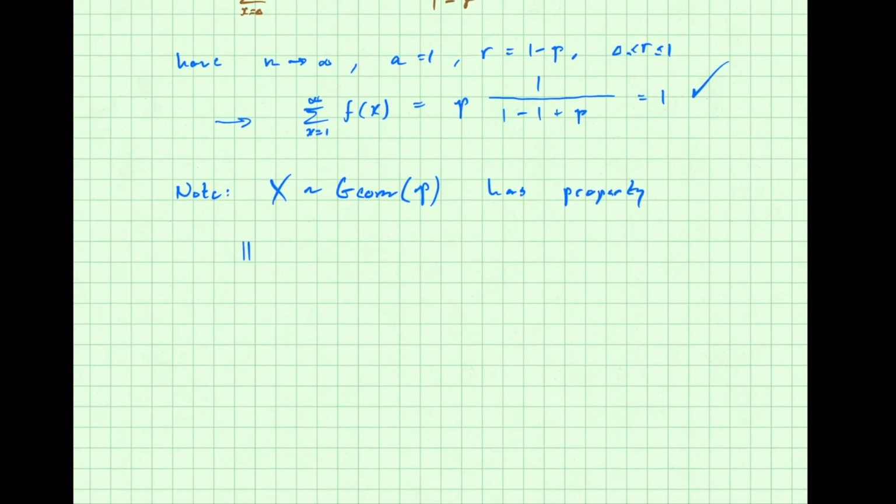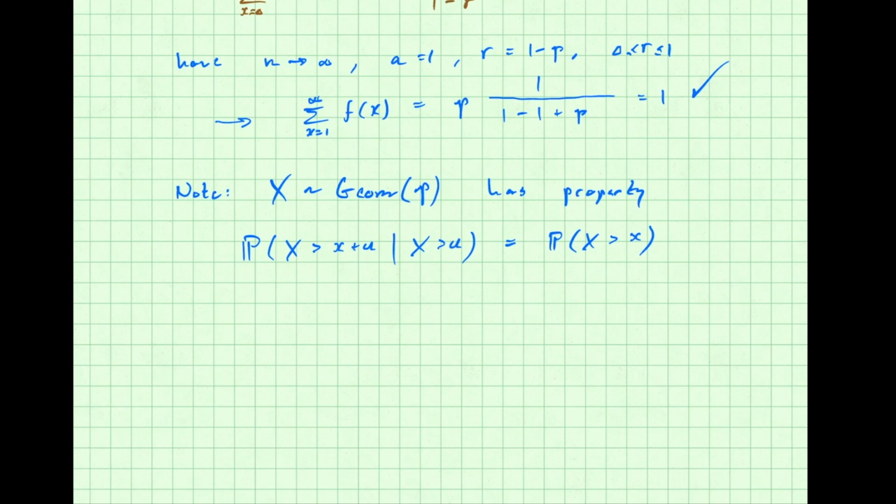The main thing about this property, I think, right now is just to see what it is, not so much to prove it. So it's the probability that x is bigger than x plus u, given that x is greater than u. That turns out just to be equal to the probability that x is greater than little x. So that's an interesting property.